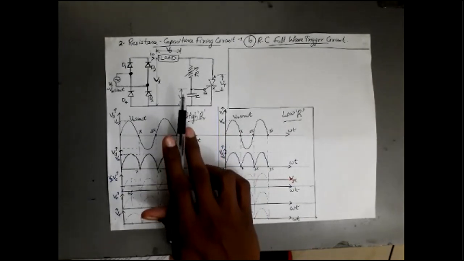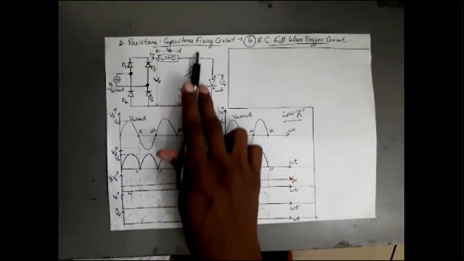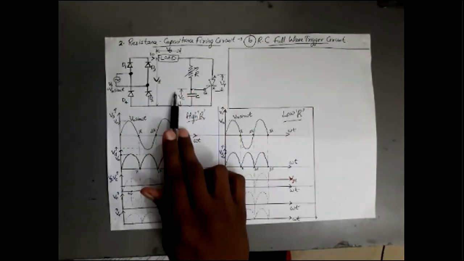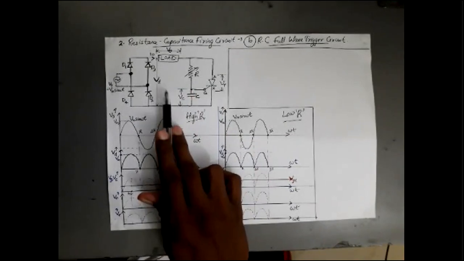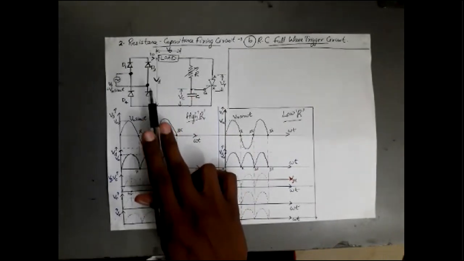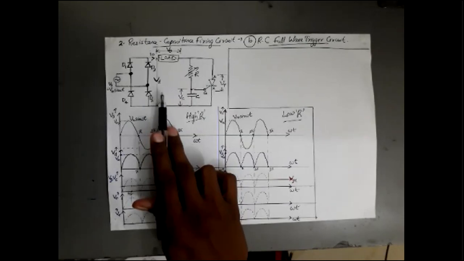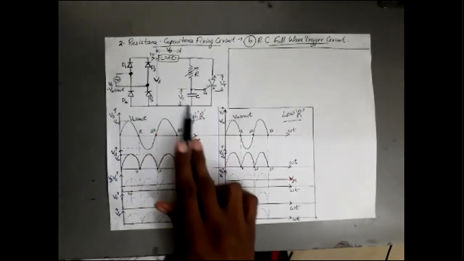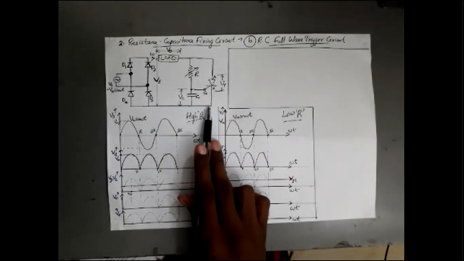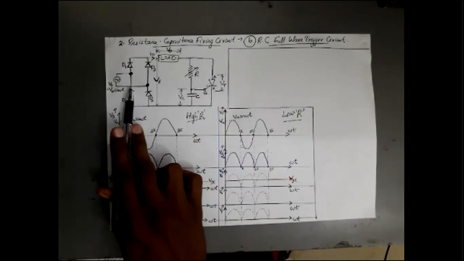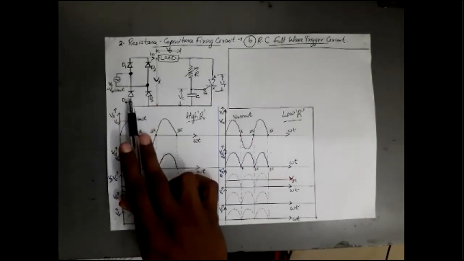So in order to give supply to this part of the circuit, here what we use is a full wave uncontrolled rectifier circuit to give supply to my triggering side. Okay, so I connect Vs equal to Vm sin omega t to the uncontrolled full wave circuit. What is an uncontrolled full wave circuit?